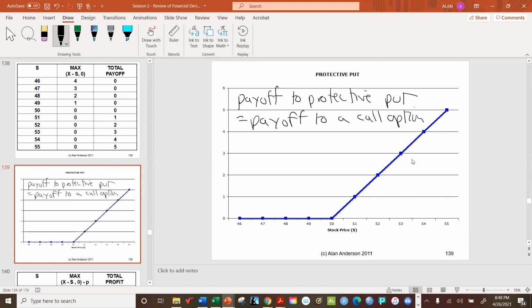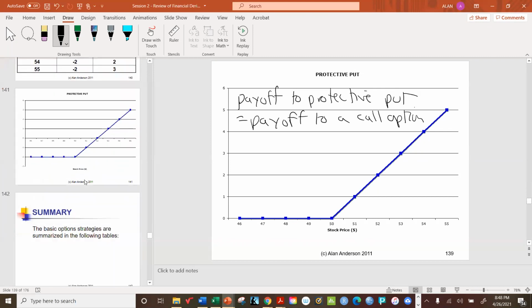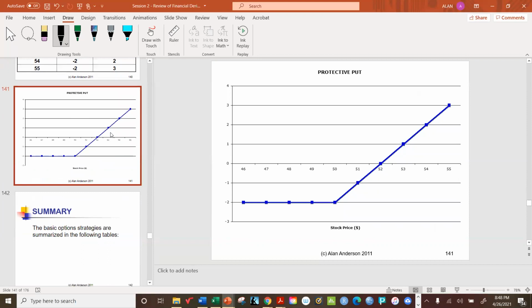Nice. Very nice. So when we take into account the $2 we paid for this thing, you can see that all of a sudden, no matter what happens in the stock market, we can never lose more than $2, the price of the put. So we're buying protection on our stock. Now, the only drawback, of course, is that if the price of the stock never falls below 50, we'll end up losing $2 no matter what happens.